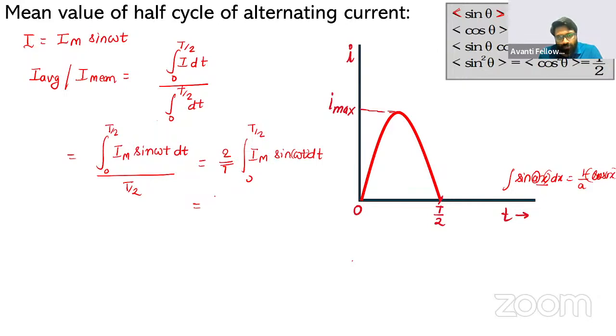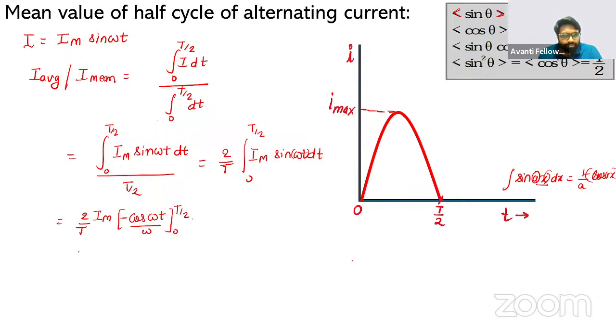So it is 2 by T, and Im we will also take out. The integration of sin omega t will become minus cos omega t divided by omega, from 0 to T by 2.